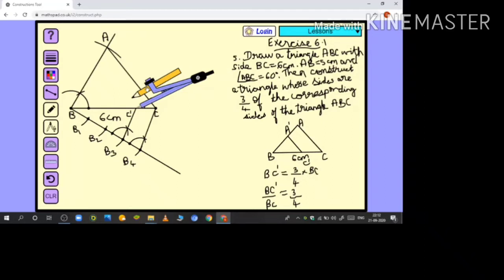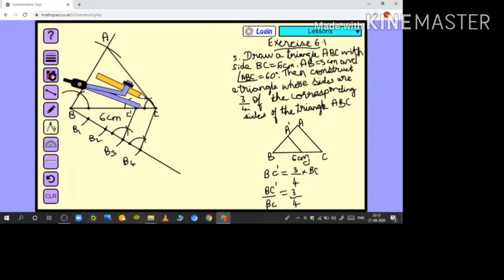Step 10. Keeping C as the center, cut an arc with convenient radius. Taking C dash as the center, cut an arc without changing the compass length. Take the arc length by adjusting the compass and, without changing the compass length, cut the initially cut arc.